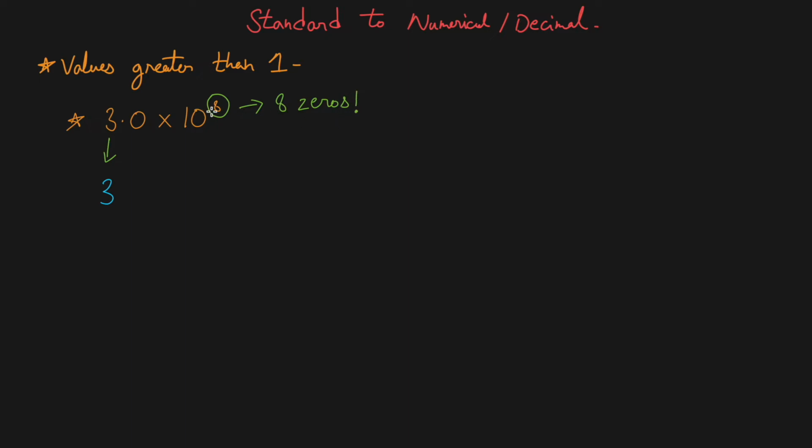The power of 10 will determine the number of zeros. So we introduce 8 zeros here, and the answer will be 3 followed by 8 zeros: 1, 2, 3, 4, 5, 6, 7, 8. And that's how you convert standard form, the scientific notation, back to its numerical value.